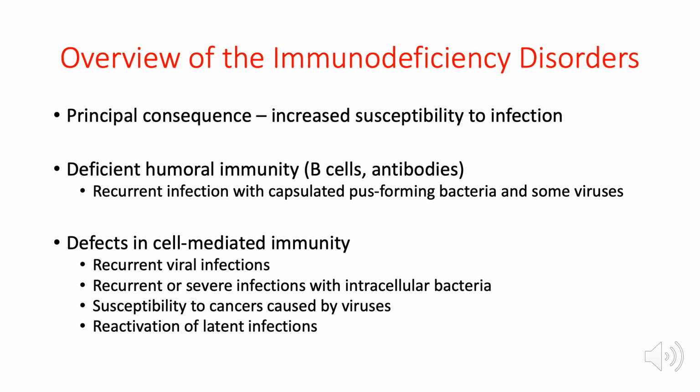So if you have a problem with the number and function of your T cells, most likely you will have recurrent viral infections or recurrent and severe infections with intracellular bacteria. Some patients with defective T cell function would have increased susceptibility to cancers caused by viruses, and they would also have reactivation of latent infections.